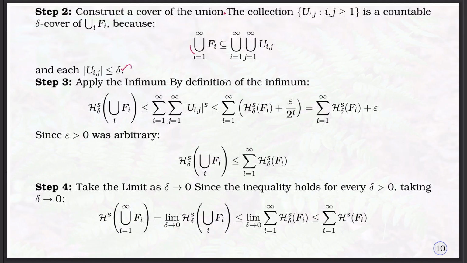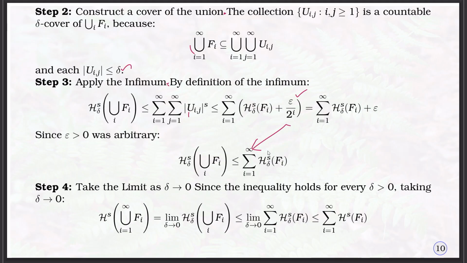Apply the infimum. By the definition of the infimum, H^s_δ of the union of F_i is less than or equal to this double summation, which is less than or equal to the summation of H^s_δ of F_i plus ε by 2^i, which one can show is at most the summation of H^s_δ of F_i plus ε. Since ε is arbitrary, we get this quantity.